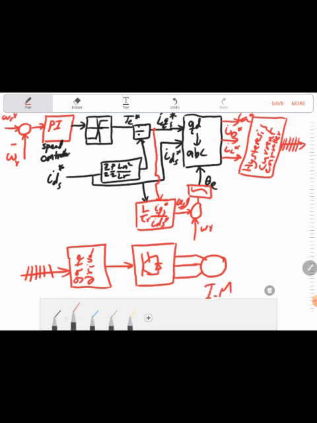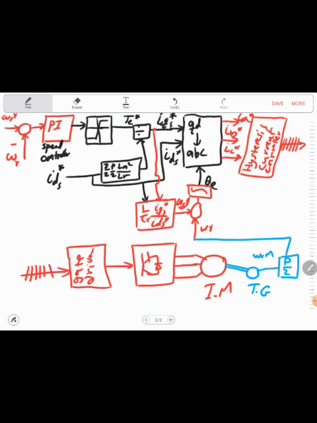Now we can measure the speed using a tacho generator, and this will give omega r mechanical, so we can multiply it by P over 2 in order to get omega r electrical. And here we need a current source inverter, this one. So this is the overall block diagram for what we call indirect vector control.